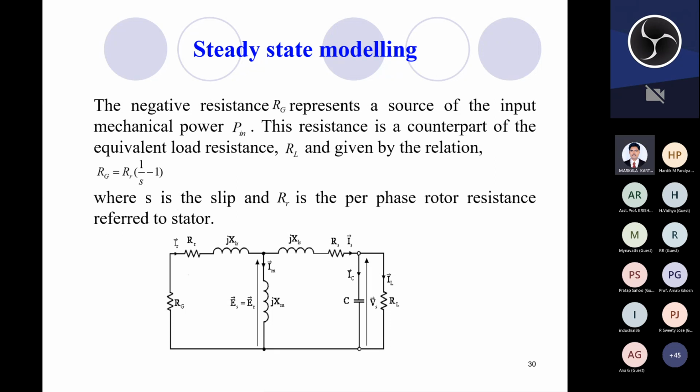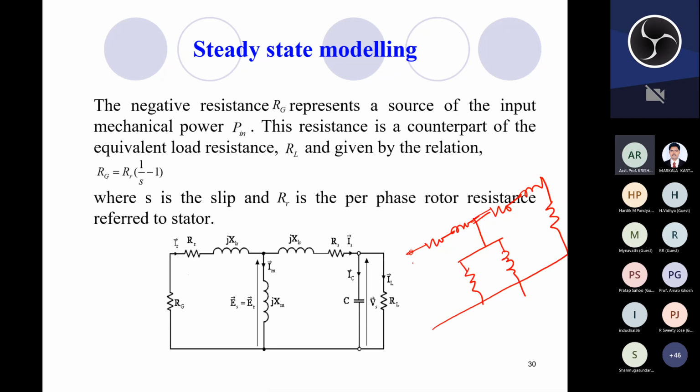Yes, sir. Please continue. So here the resistance Rg is given by the expression Rr × (1/S − 1). Now recall the equivalent circuit of the induction motor, where the resistance has been split into two parts.